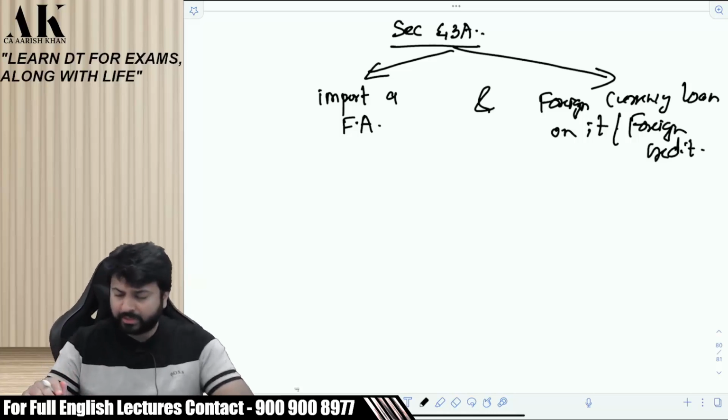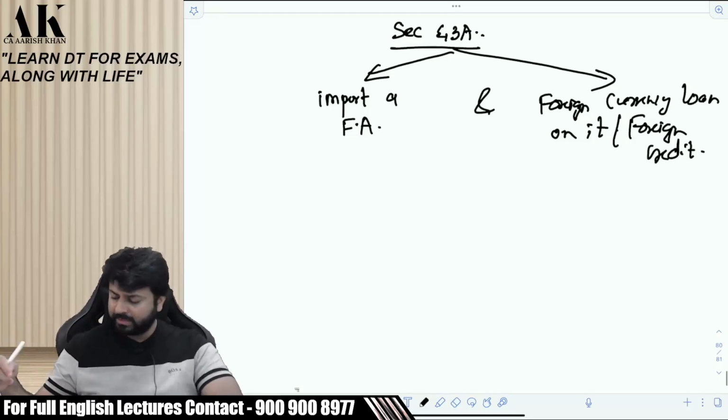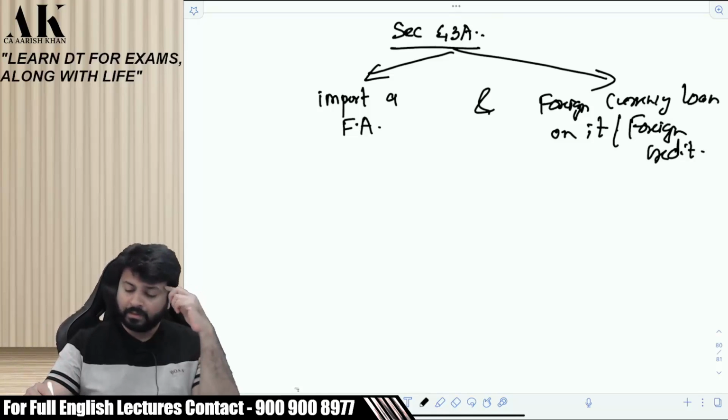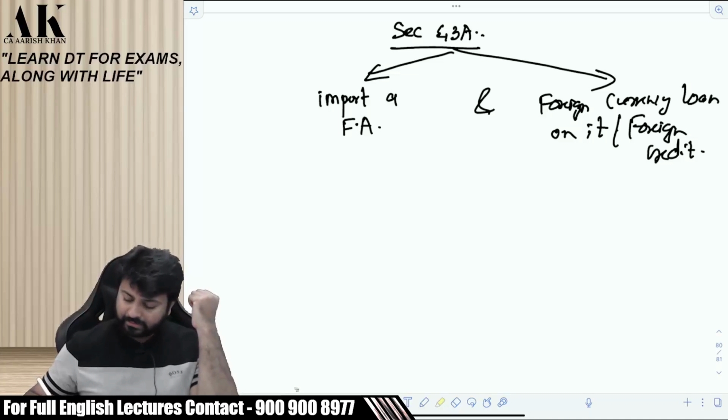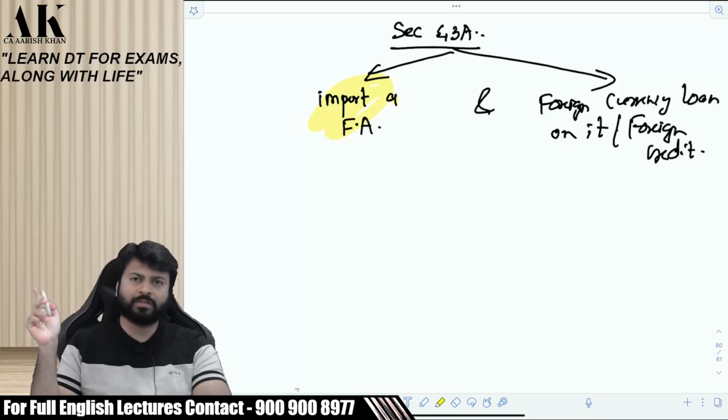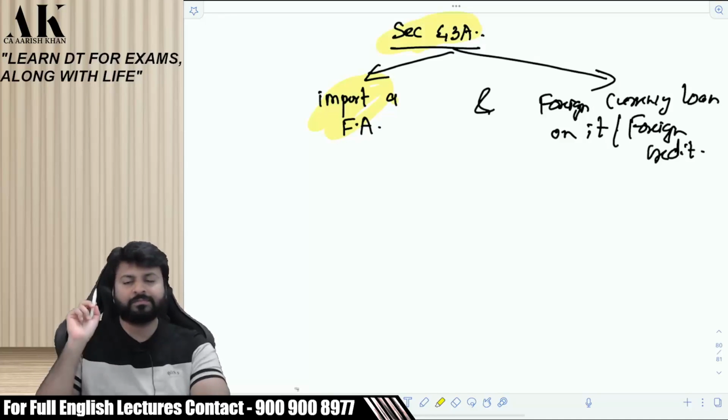Listen carefully, it's an important section. It comes in exams a lot of times. So pay absolute attention on this. I am importing an asset. I am not purchasing an asset from Mumbai or Delhi or Punjab or Uttar Pradesh. I am importing. Importing is necessary for this section.